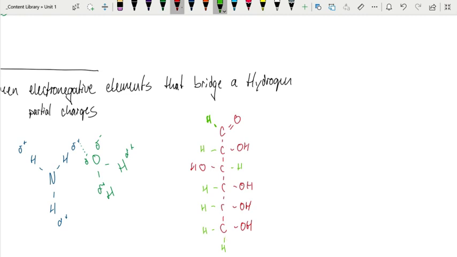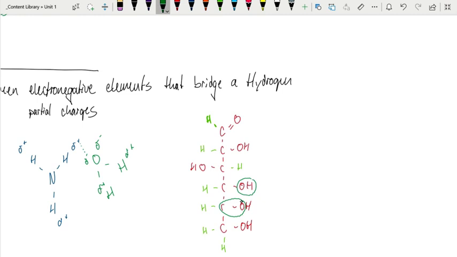But I really want to focus on these groups here, the O and the H. That is a polar covalent bond. Or the bond between the O and the C. That, again, is a polar covalent bond. And whenever I have a polar covalent bond, I have dipoles. And dipoles, by definition, are the separation of charge, these partial charges that exist on these elements.